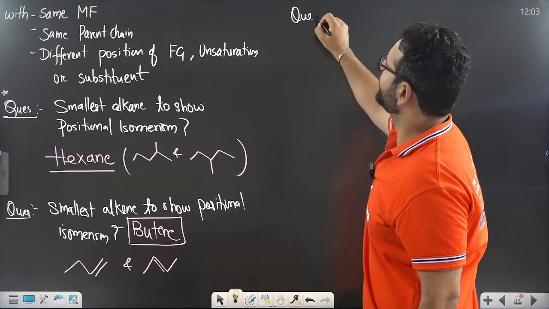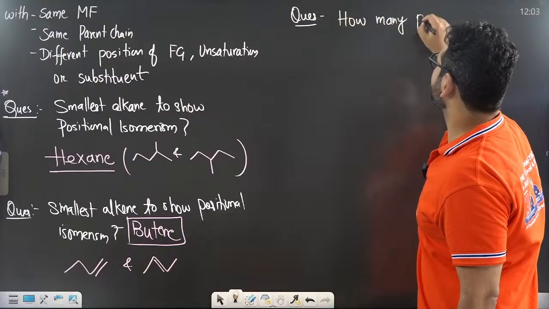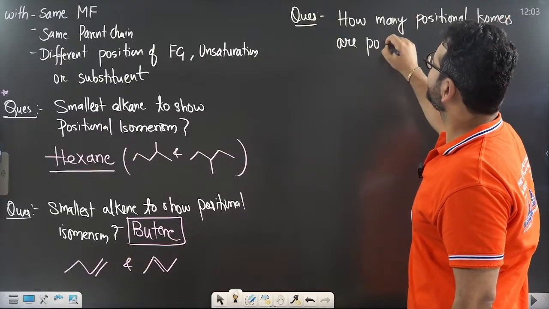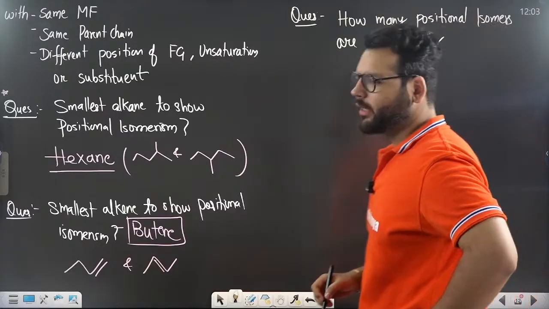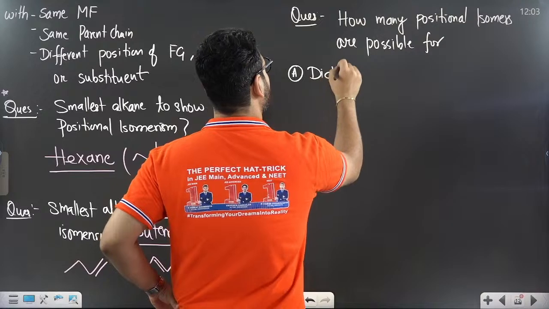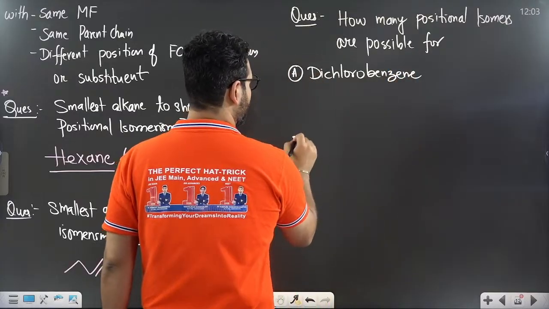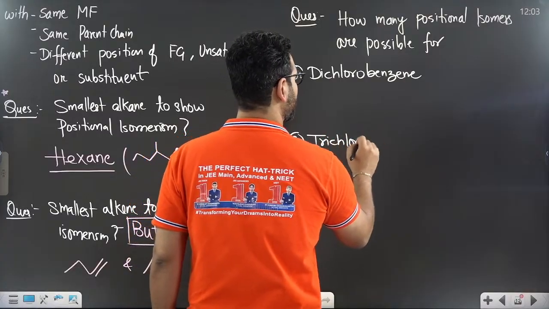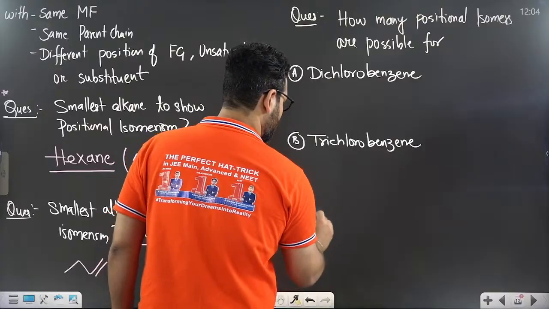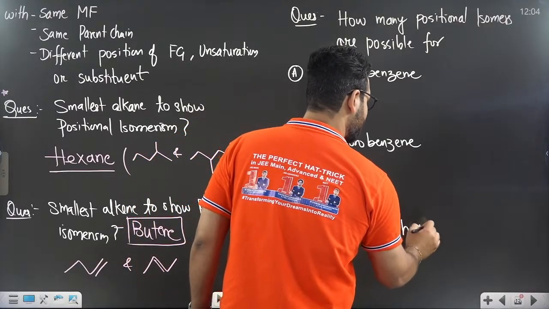Next question is, how many positional isomers are possible for, first one, first tell me, dichlorobenzene, second one for trichlorobenzene, and next one for trichlorocyclohexane.